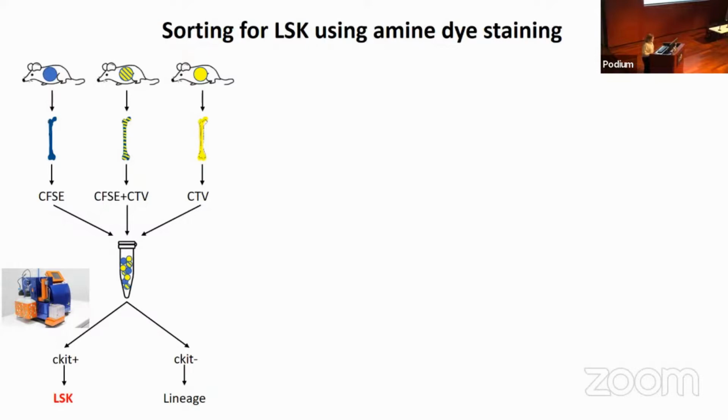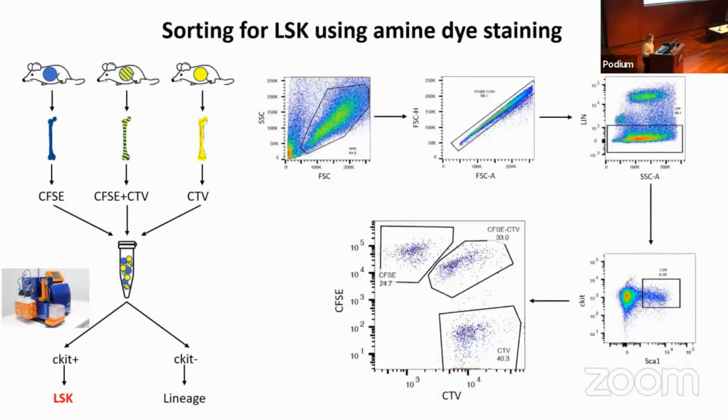The c-KIT positive population we use for LSK sorting, as you can see here in our gating strategy. We gated for lineage negative and then c-KIT and SCA-1 positive cells. I hope you can appreciate here really nicely that we can distinguish between those 3 mice, sorting LSKs specifically for each single mouse.